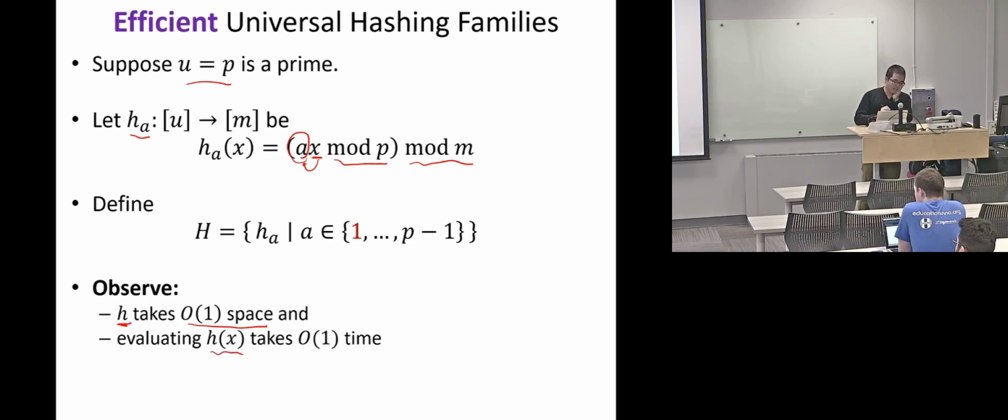And evaluating h takes constant time too. Is the family of functions parameterized just by the prime number p? Yeah, it's parameterized by p and m actually, because you mod p and mod m here.